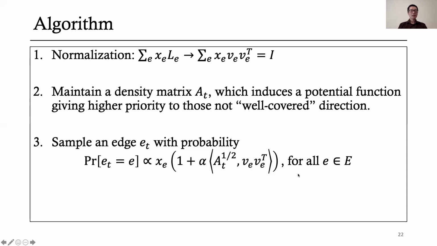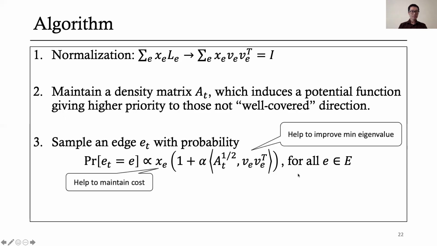Let's take a closer look at the sampling probability. If we just sample with respect to x_e, then it is just independent rounding. This will preserve the cost with high probability, but will not satisfy the spectral lower bound. So we introduce this adjustment term.